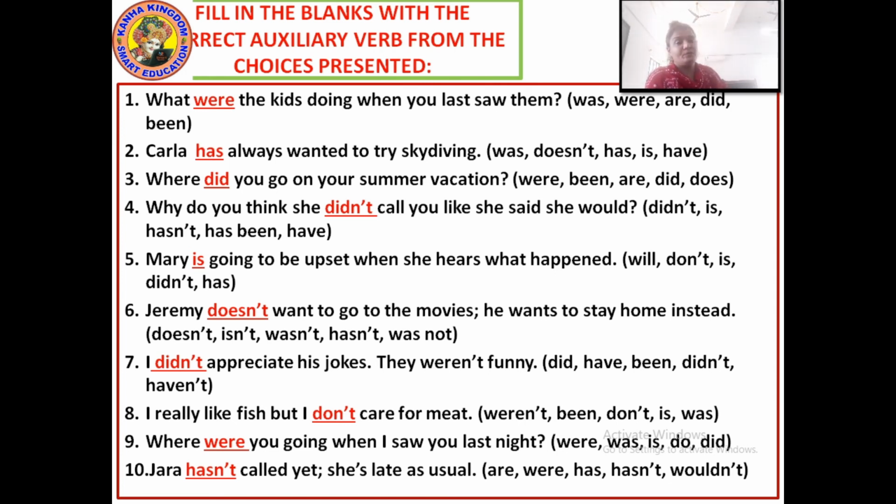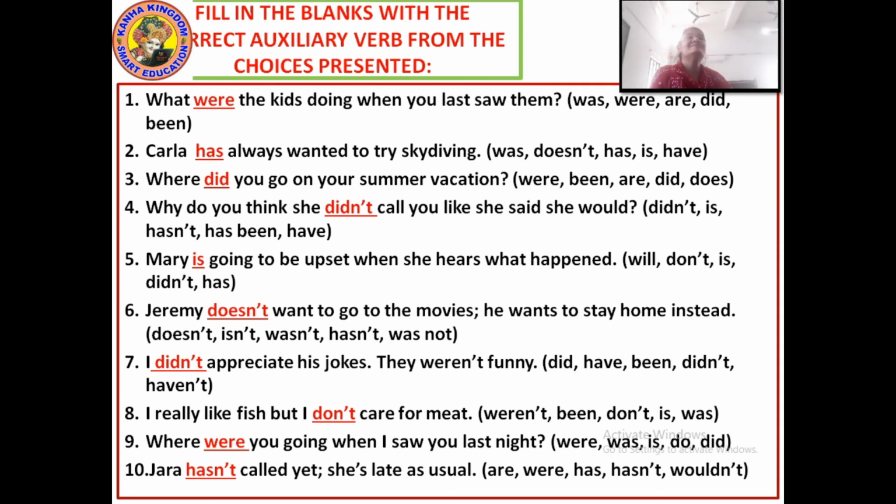I have done it for you. What were the kids doing when you last saw them? Now here the question is, which verb will come? Was, were, are, did, been. How would you understand what is to be used? First thing, see the noun first.